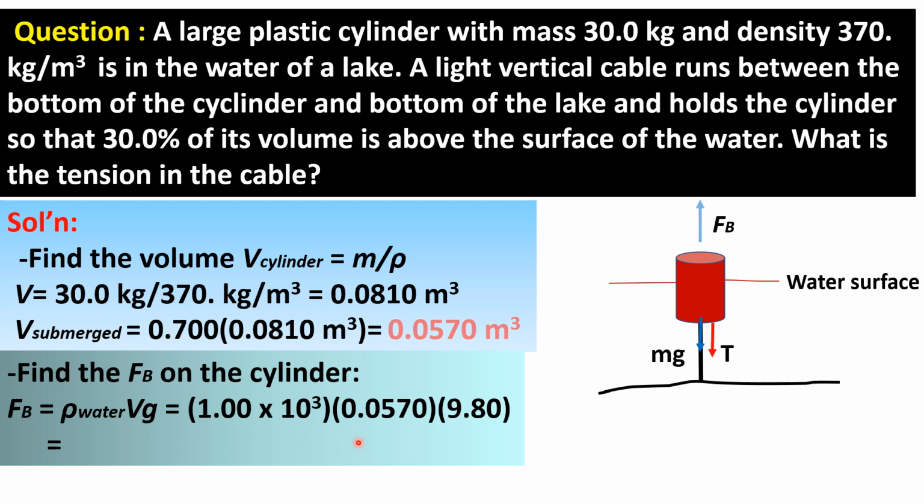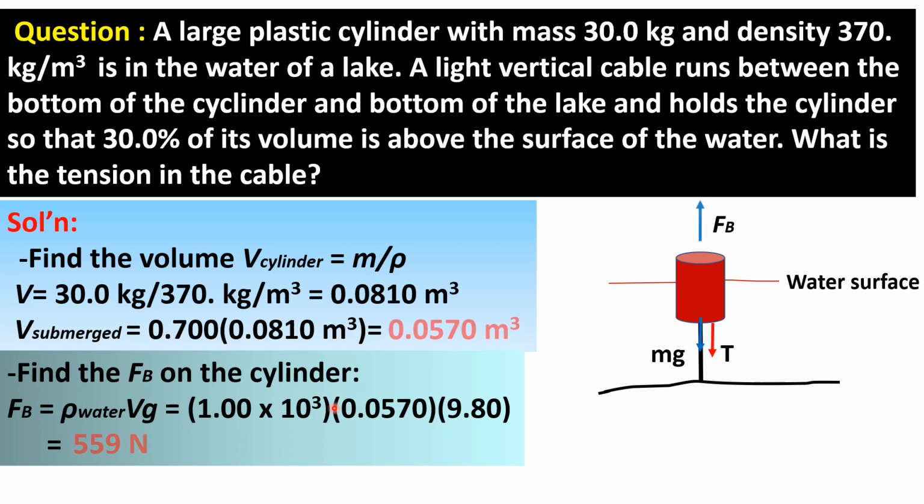Multiply that by V, the volume of the solid cylinder that is submerged in water, or the amount of water that has been displaced, 0.057, and also by 9.8 meter per second squared, and we get this buoyant force equal to 559 newtons.